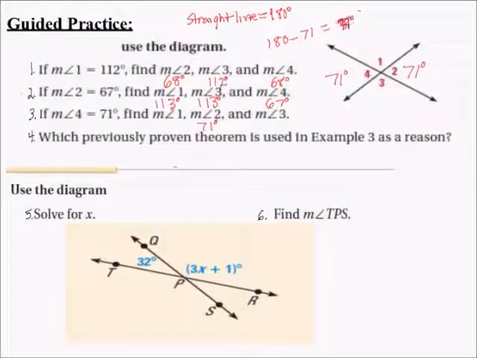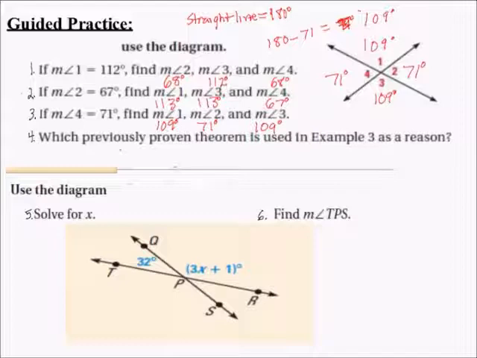No, it's 109. Okay. So angle 1 is 109 degrees. And then angle 3 is 109 degrees because of the vertical angles theorem. So it should be obvious that when you have vertical angles and you have straight angles, you're worried about supplementary angles and you're worried about vertical angles.